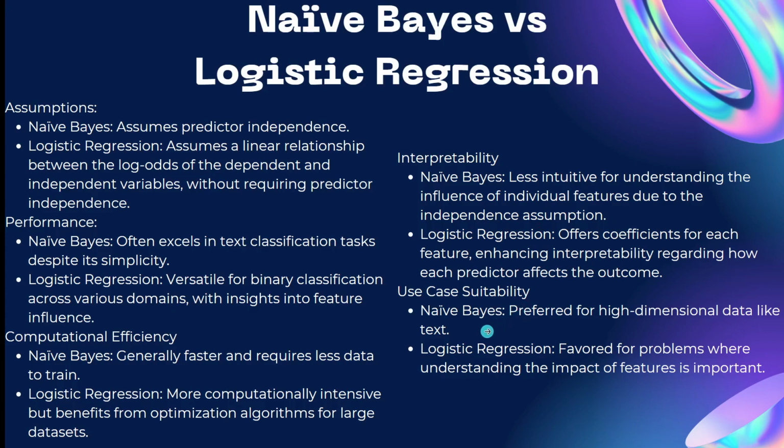And for use case suitability, Naive Bayes is preferred for high dimensional data like text. It can also be used with less data, like if you have 100 emails you can use Naive Bayes, but if you have larger datasets and no compute capability problems, you can use logistic regression and it can solve larger problems.